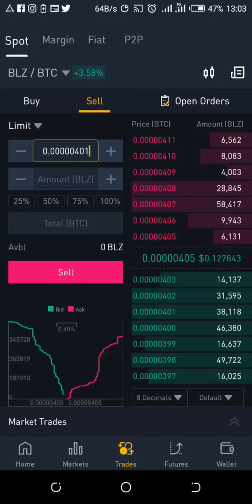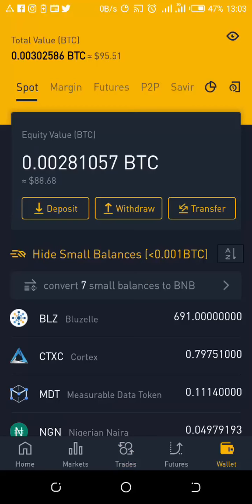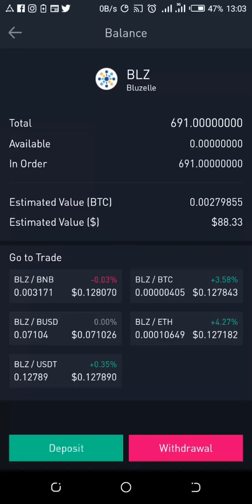So to determine our profit already, we said we entered this trade with BTC worth $86, 86 point something dollars, something like that. But let's just say $86. So far we have made, minusing $86 from 88, $2 in this trade already.